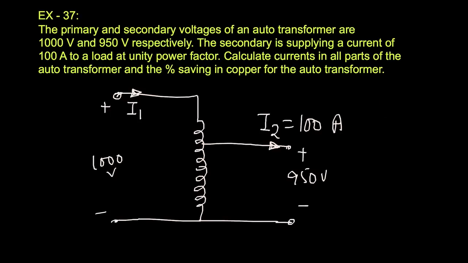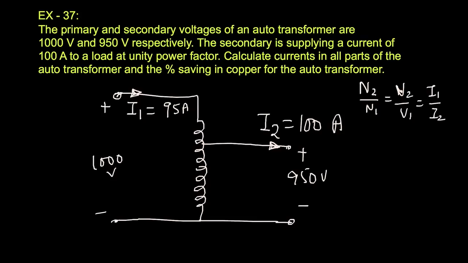Also, you can blindly use the equation, that is N2 by N1 equal to V2 by V1, which is equal to I1 by I2.